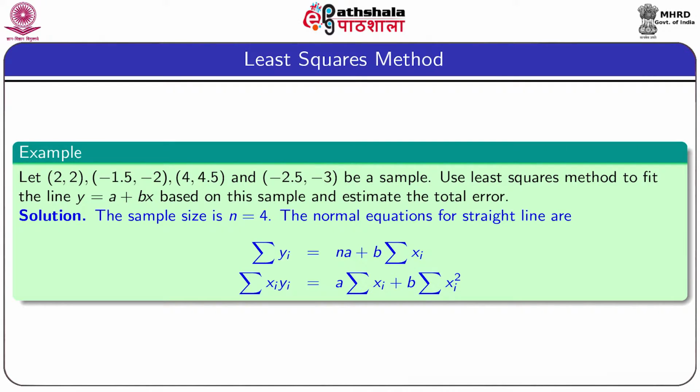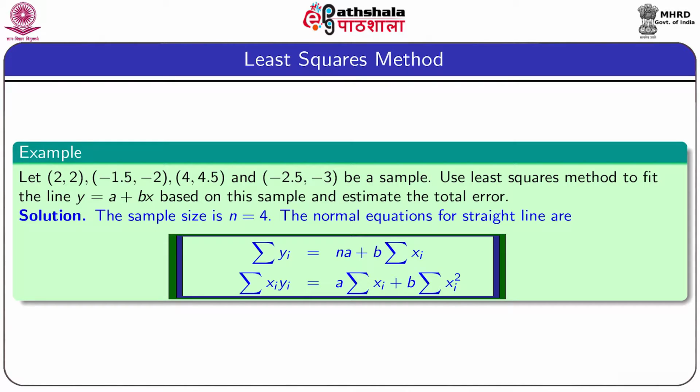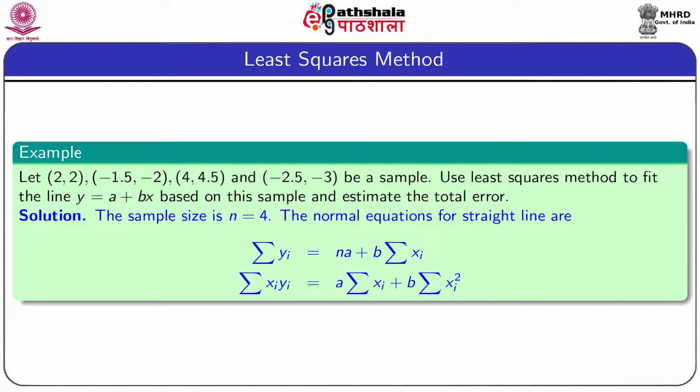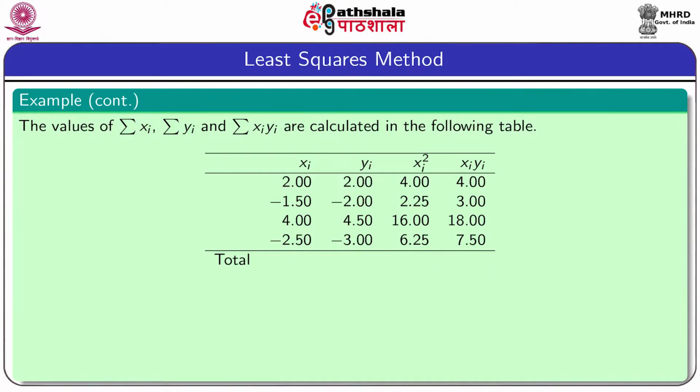So in this case, the sample size is n equal to 4 because the number of points is 4. The normal equations for this straight line are summation yi equal to na plus b into summation xi, and the second equation is summation xi yi equal to a into summation xi plus b summation xi square.